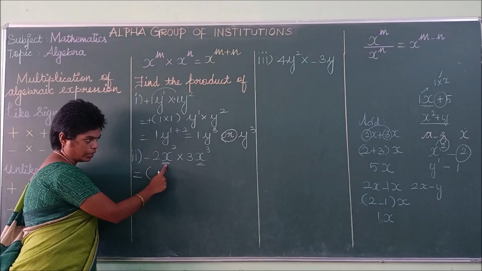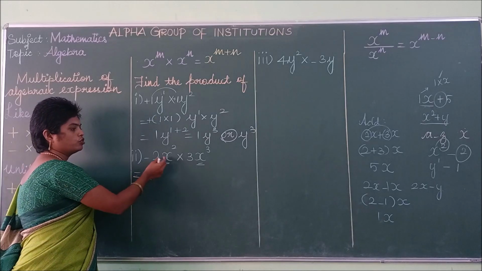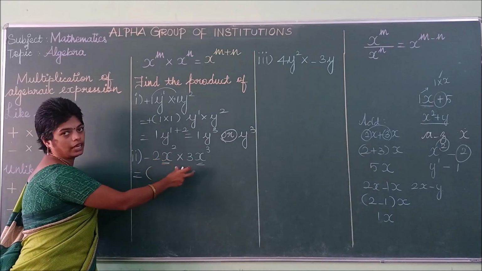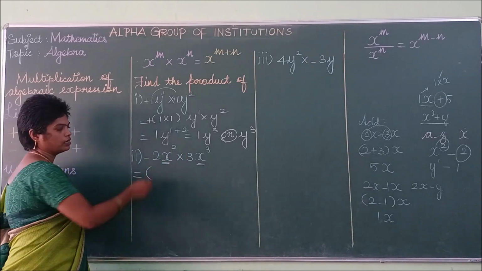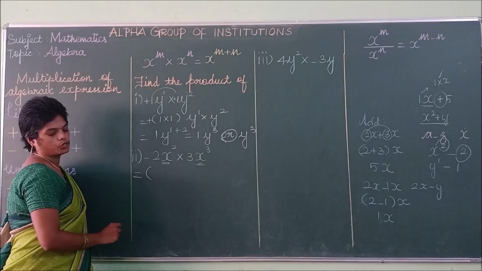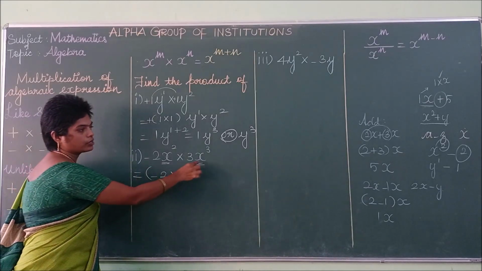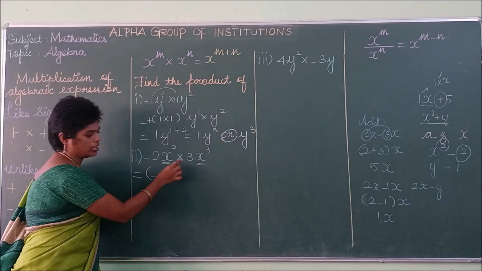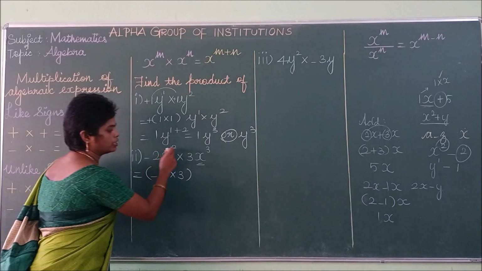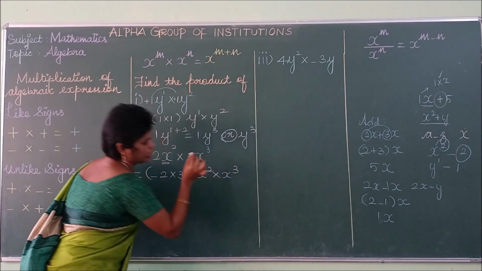Minus 2x squared into 3x power 3. You have to multiply the coefficient first and then add the powers next. Here the x squared coefficient is minus 2, and the x cube coefficient is 3. Then now write the x terms: x power 2 into x power 3.